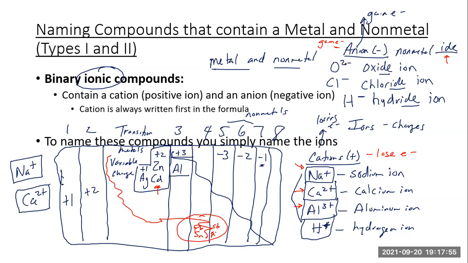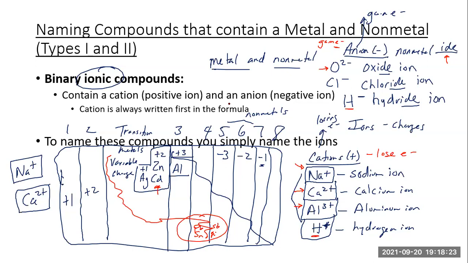So oxygen with a -2 charge, which would be the formula for the anion, would be oxide, dropping the last part of oxygen. Cl- would be chlorine, again dropping the last part, IDE. And hydrogen, as I mentioned, is really the only one that could go both ways, become positive or negative, depending on the situation. And we'll talk about those.